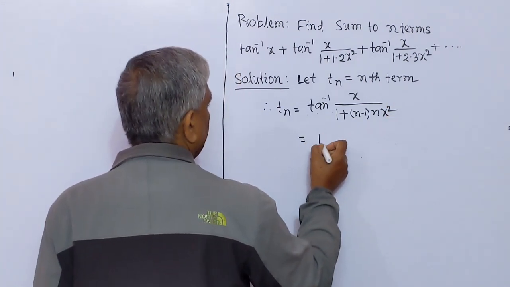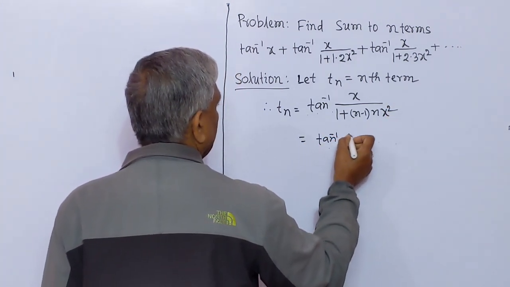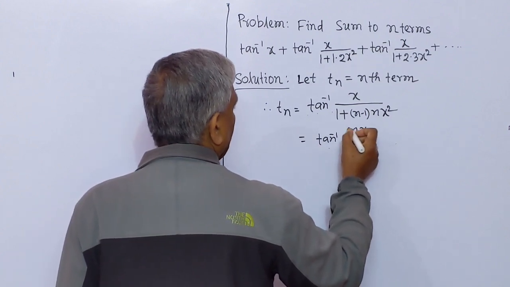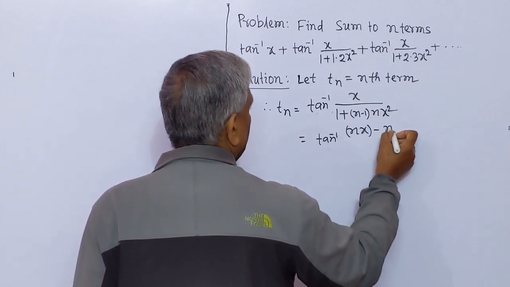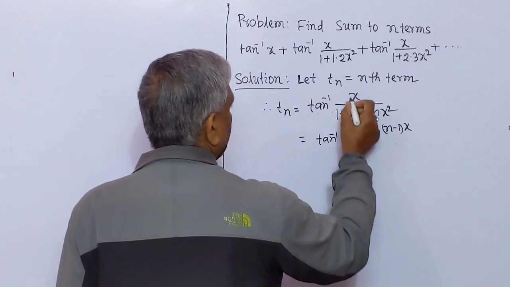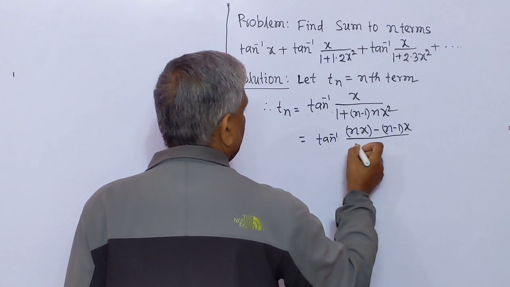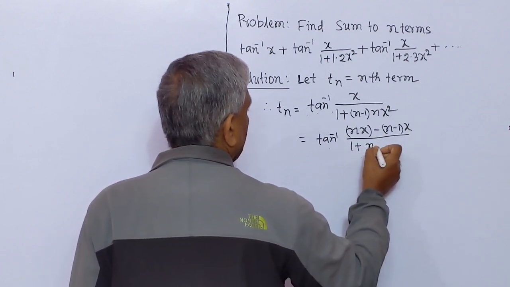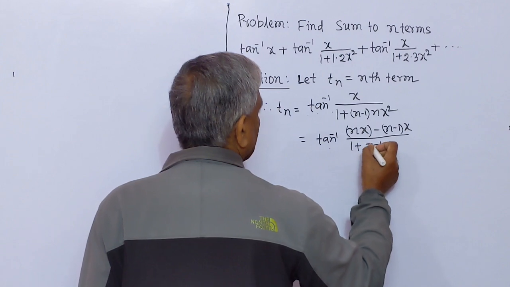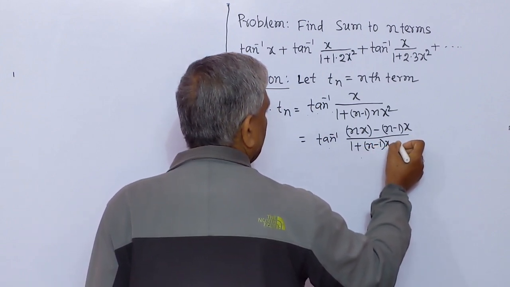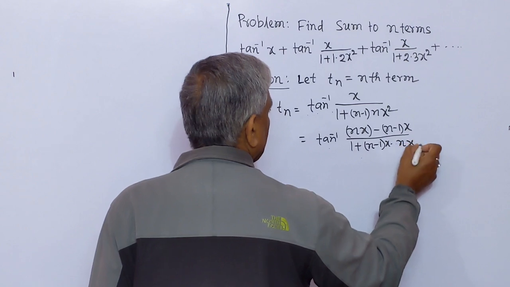This is equal to tan inverse of nx minus n minus 1 x, by 1 plus n minus 1 x multiply nx.